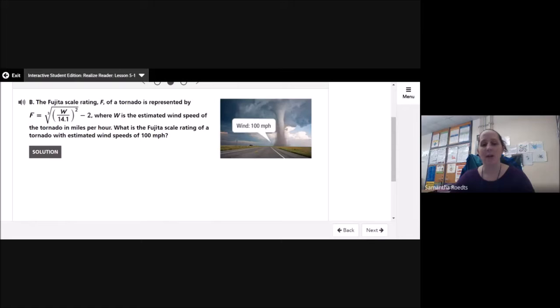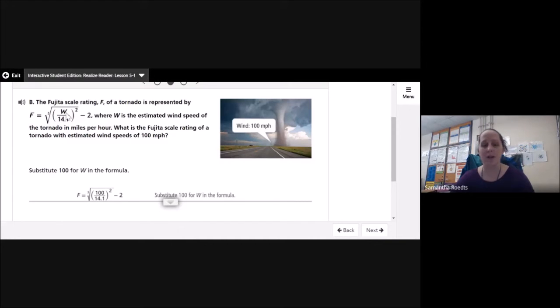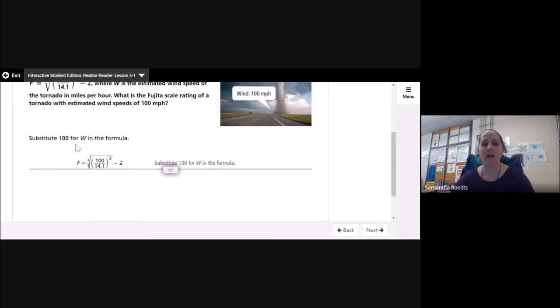The Fujita scale rating F of a tornado is represented by F equals the cube root of W over 14.1 squared, minus 2, where W is the estimated wind speed of the tornado in miles per hour. What is the Fujita scale rating of a tornado with estimated wind speeds of 100 miles per hour? So I substitute in 100 for W, which gives me F equals the cube root of 100 over 14.1 squared, minus 2.